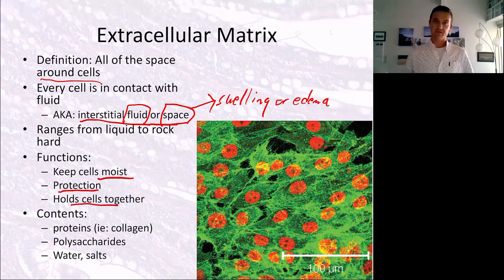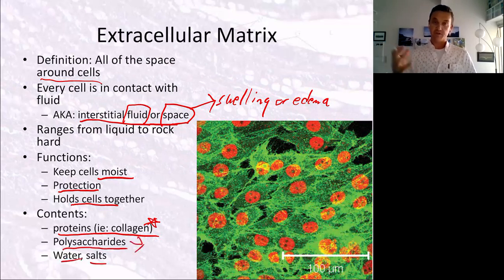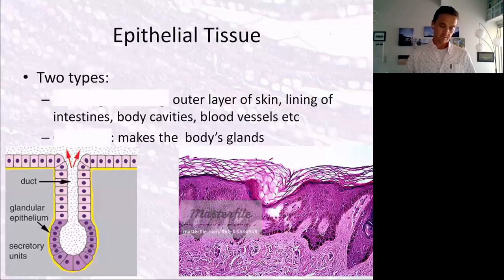The contents of the extracellular matrix are typically different types of protein. Collagen is the most common one that we'll find. We also have polysaccharides, water, and salts. These polysaccharides are important for holding on to fluid. So that's just a general basics about histology and about tissues.